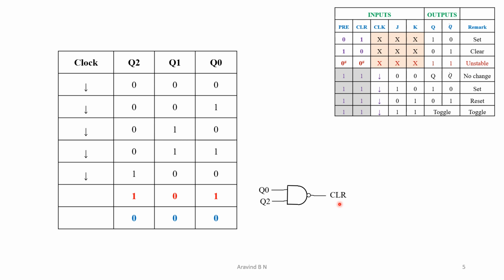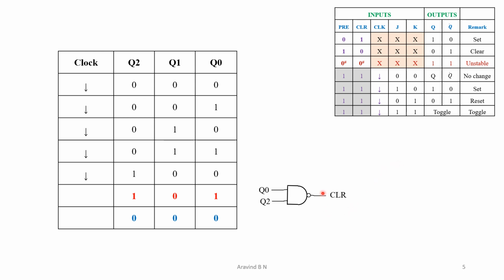There are two points we need to remember at this instant. We are working with the active low signal of the clear. That means clear is an active low signal. Active low means that if we give a 0 value to the clear, then the output will be reset to 0.